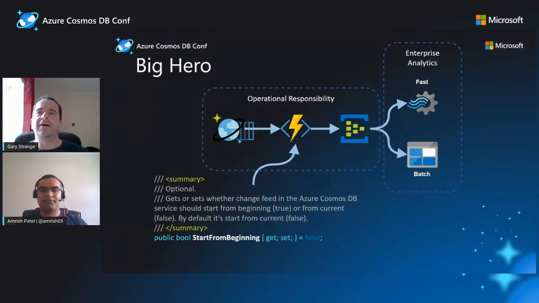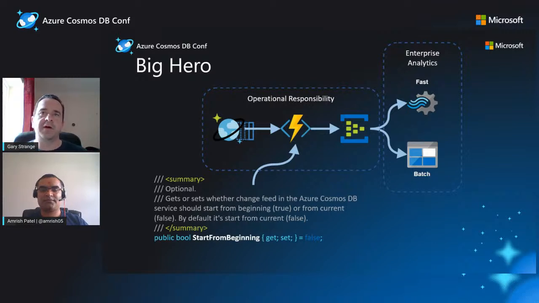And I wanted to really highlight here a really neat little toggle that's available when you create an Azure function that's going to listen to a change feed trigger. And you configure this start from the beginning toggle. The default is false. It will just start reading the change feed as and when it starts up and it's live.